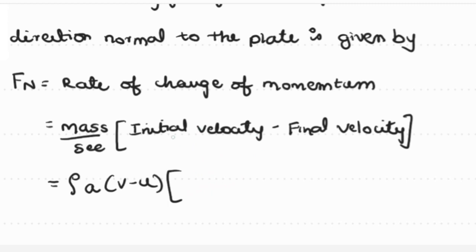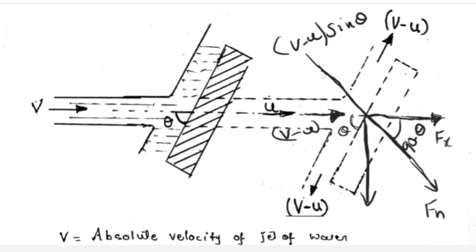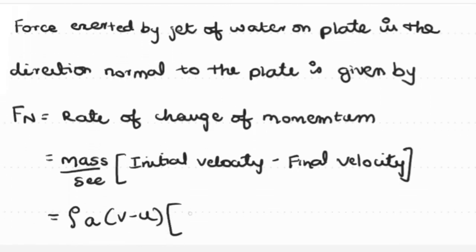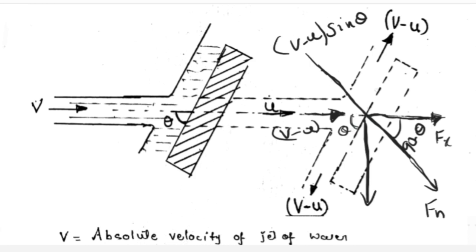Then we see the initial velocity in the direction normal to the plate. Before striking, the velocity is v minus u, and in the normal direction that is v minus u sine theta. The final velocity after hitting is 0, since the jet moves along the plate and there is no velocity in the direction normal to the plate after striking.